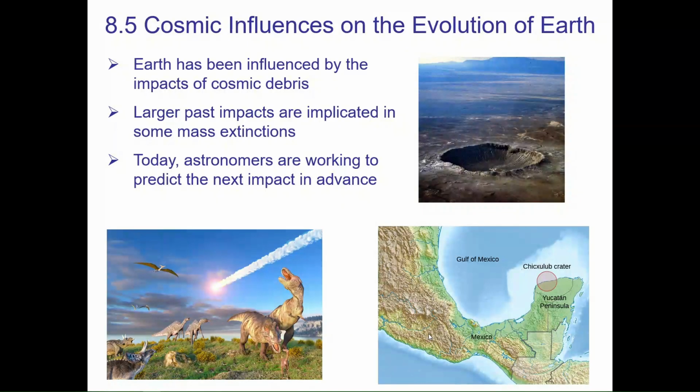And we believe the Earth got most of the impact at a very early stage, during the formation of the Earth or the solar system, because at that time the solar system was not very stable. There was a lot of debris everywhere.